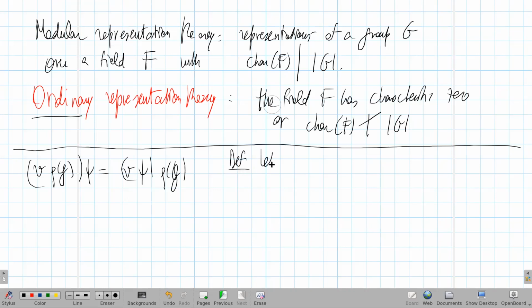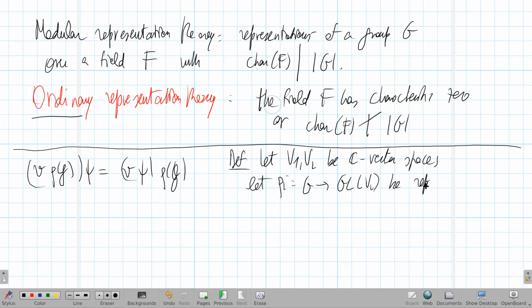Definition: let V1, V2 be C vector spaces of finite dimension. This is understood. I don't think I will ever need infinite dimensional spaces. If I do, I'll notify you in advance. So let these be the vector spaces, and let rho i from G to GL(Vi) be representations, where again G is a finite group.